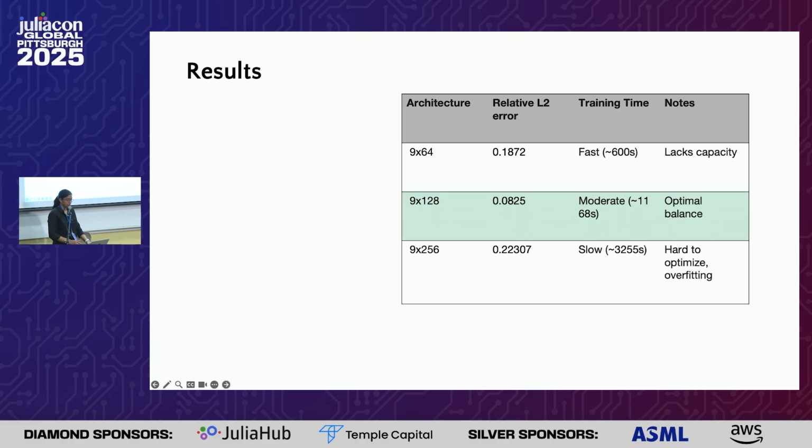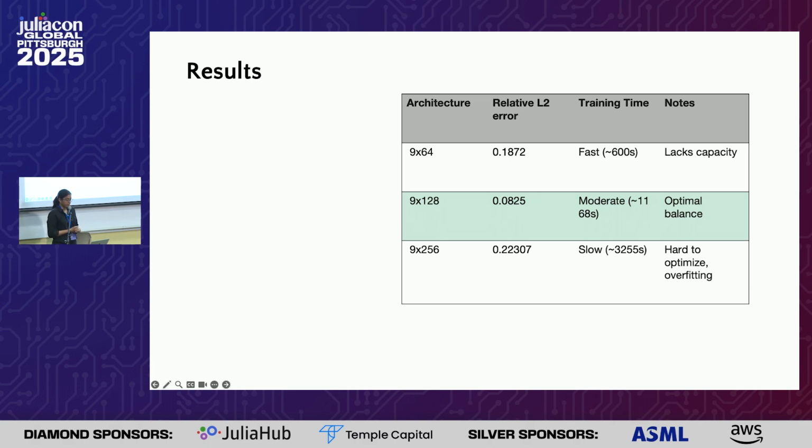So after running a few of these experiments, we have come to an optimal configuration. The 9-layer 64 neuron network was fast to train, but it consistently lacked the expressive capacity to capture the full dynamics, and it resulted in a higher error of over 18%.